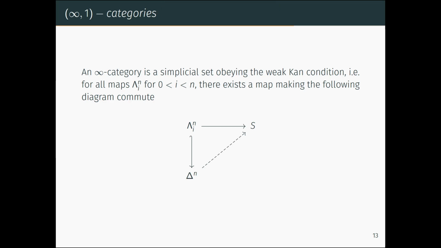So we're going to define this to be a simplicial set obeying the weak Kan condition. So for any of these horns where i is not 0 or n, there's going to exist a map making the diagram commute. So we have a map which is an extension along the inclusion into the standard n simplex again.